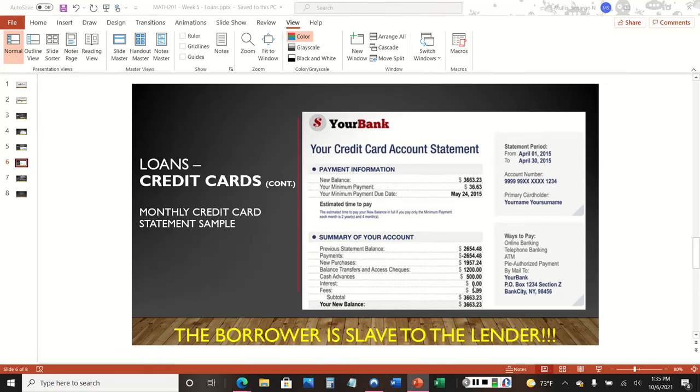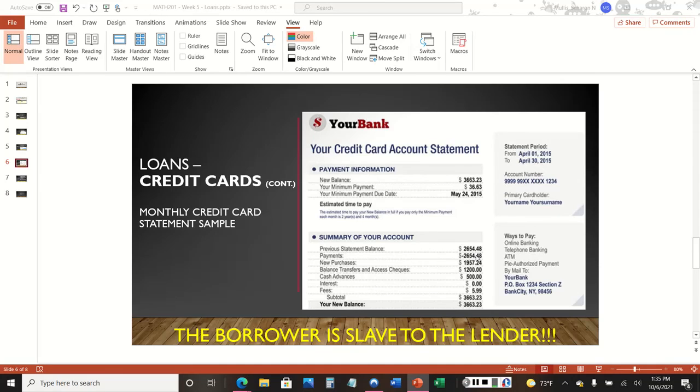So as of right now, no interest was paid, but there's a fee that was paid. So maybe this is a new card, or no, it's not a new card. So it looks like for this example statement, each month the person is paying off the balance, or at least they did it for the previous statement.